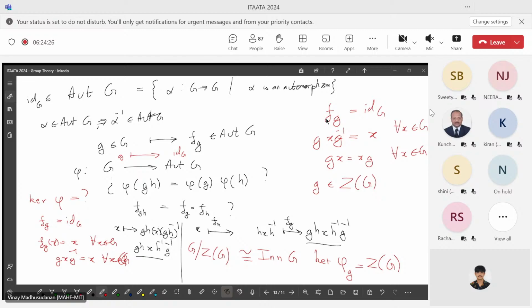So this has to be consistent. You can't say that some elements are left side and some elements are right side. And then identification. That's it.